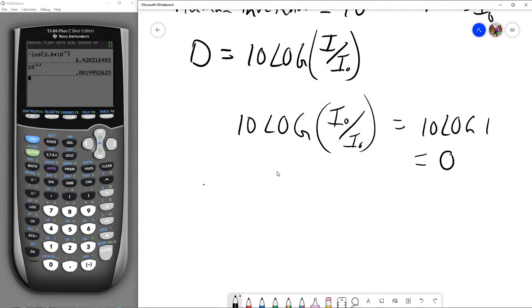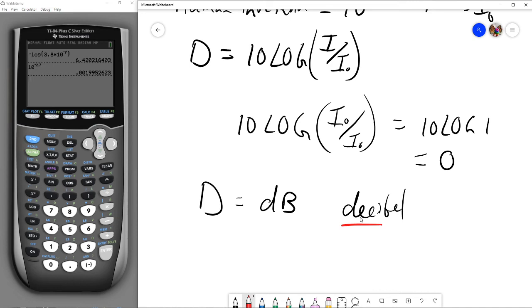Another interesting note is D, which is our decibels. That's measured in the units dB for decibel. So deci is from the metric system. You think millimeter, there's centimeter, and before that there is a decimeter. So deci is like 0.1 from whatever your unit is, whether it's meters, grams, liters.